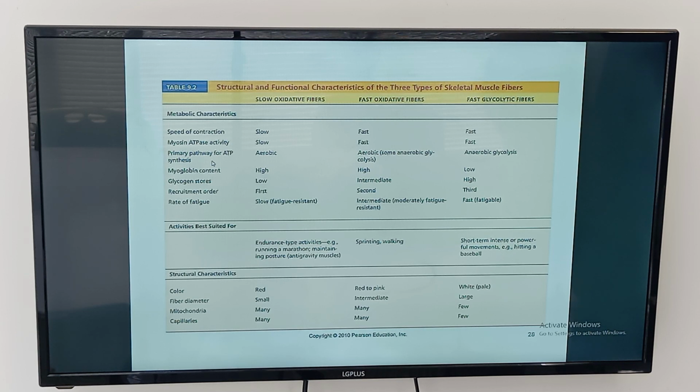Glycogen stores in the slow oxidative fibers will be low. In the fast oxidative, we'll have an intermediate store, and in the fast glycolytic fiber, we'll have a high store. We have the recruitment order.